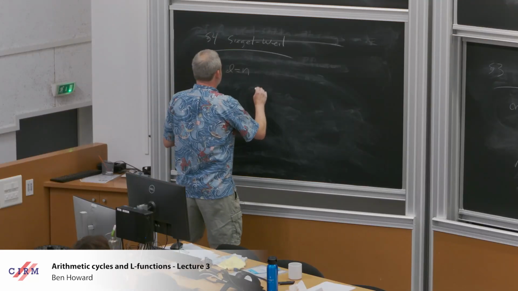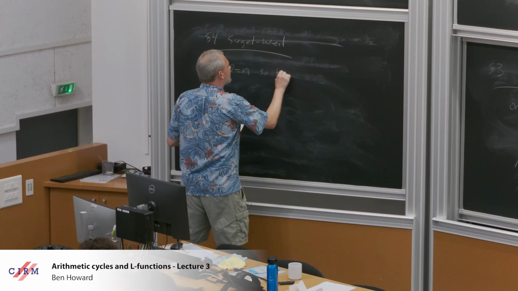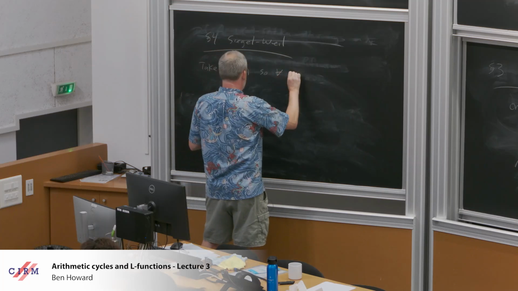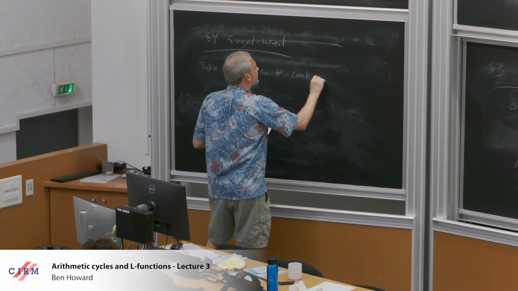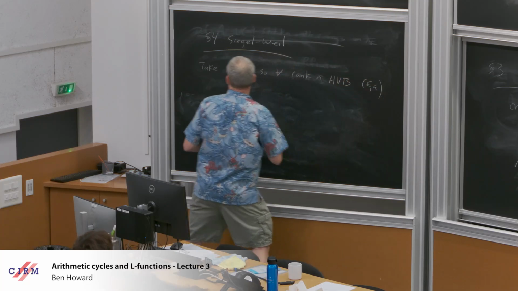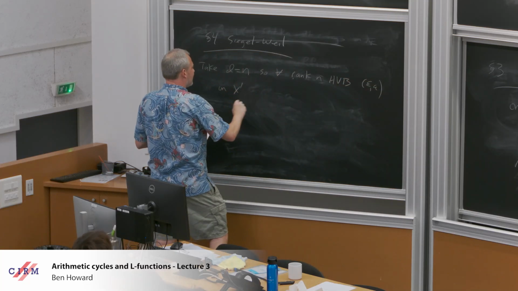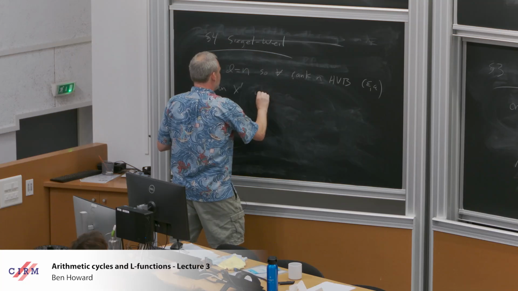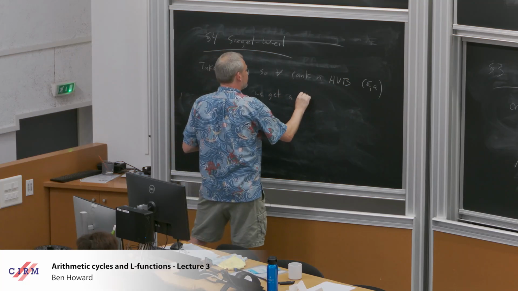When we take D equal N, then for all rank N Hermitian vector bundles EA on X prime, we get a 0 cycle.